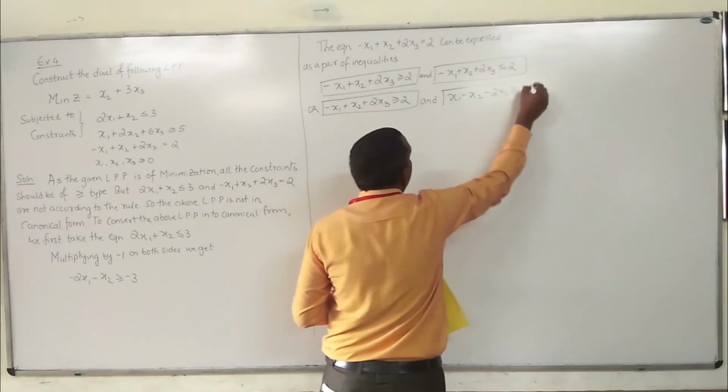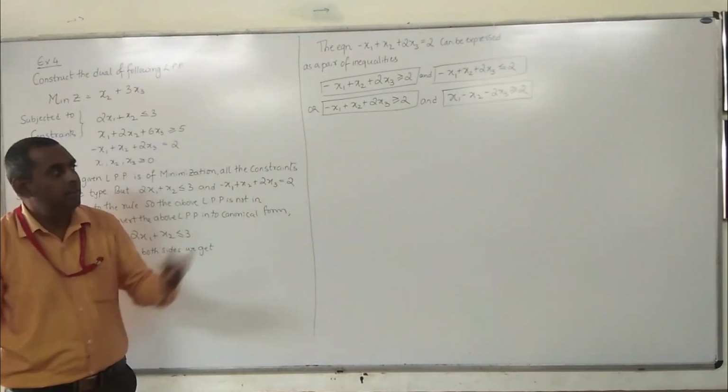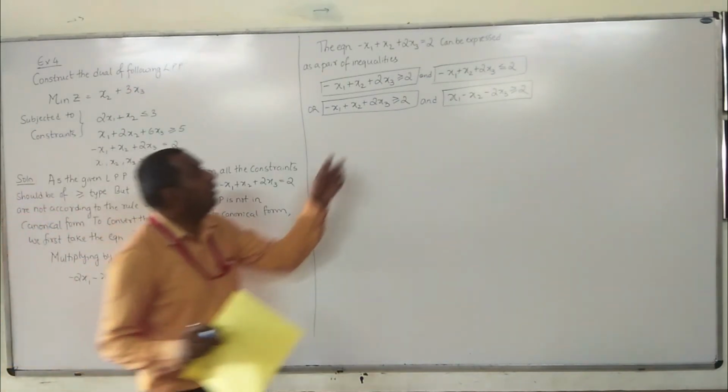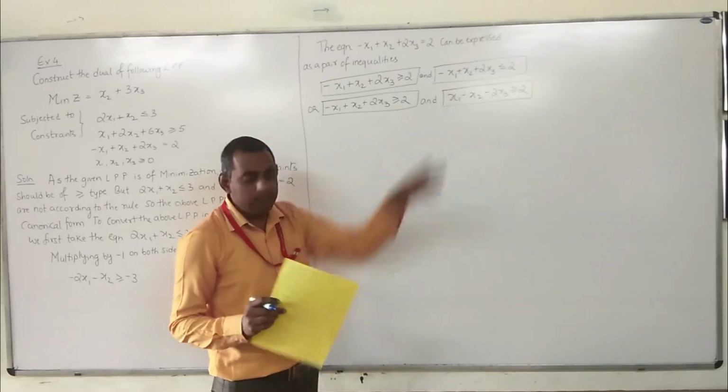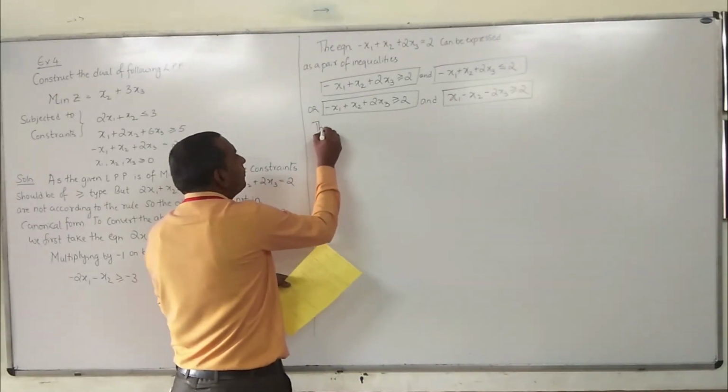That is, multiplying by minus 1 and changing the constraint.